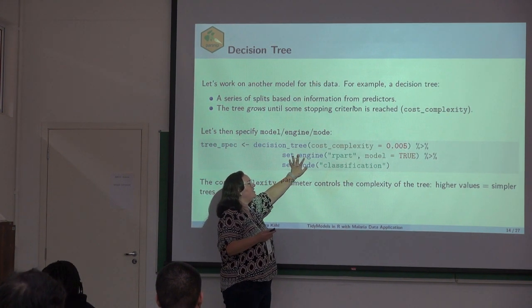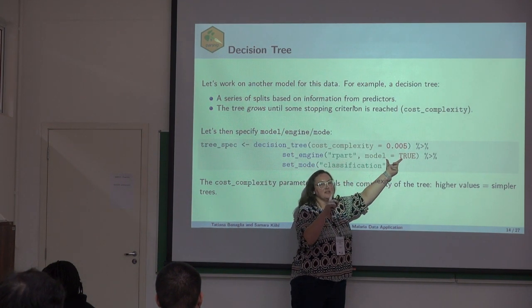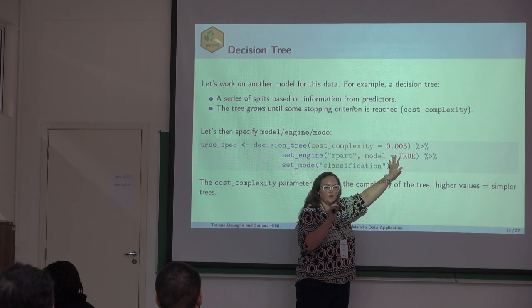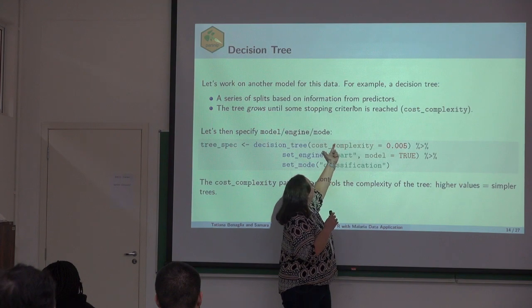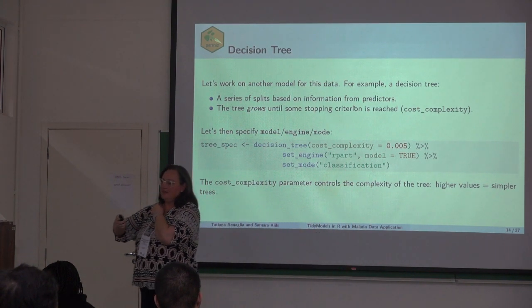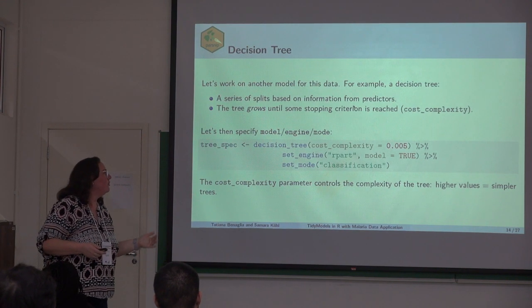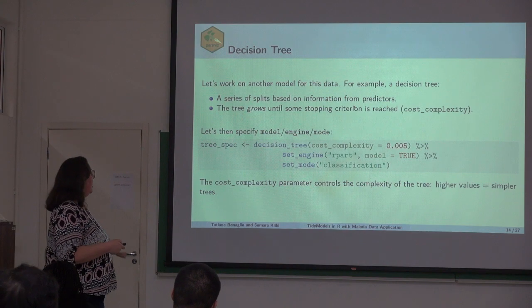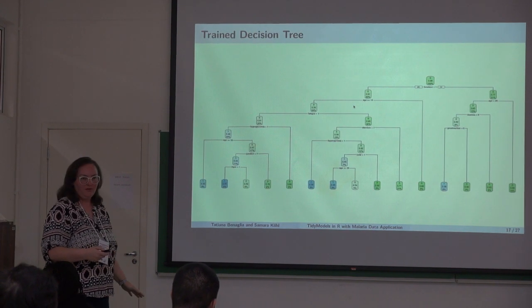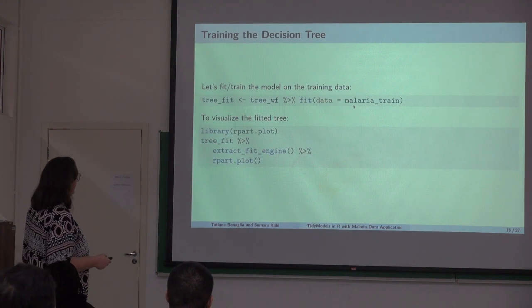I use set_engine rpart. This thing here is just because I want to get a plot later. If you don't specify, don't worry. And I'm fixing this. If I don't fix it, it's going to have a default value. Why did I choose 0.05? Because I want the picture to fit in this slide. That's why. Nothing more.